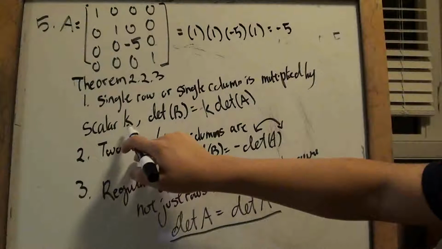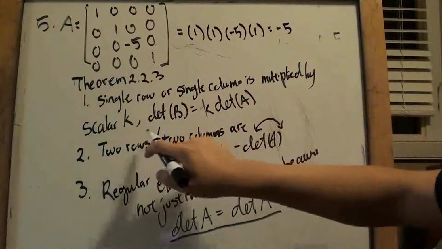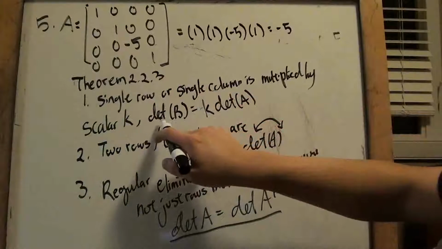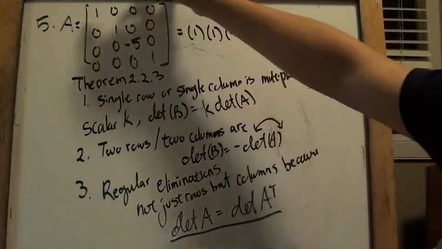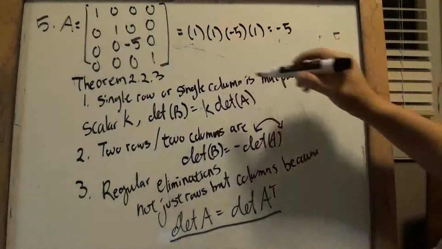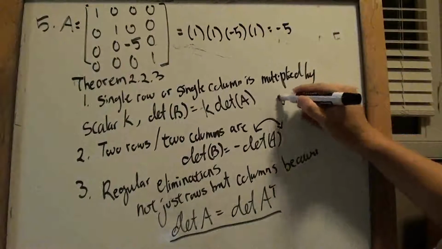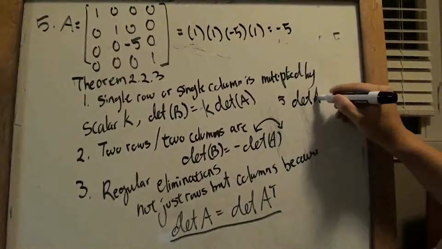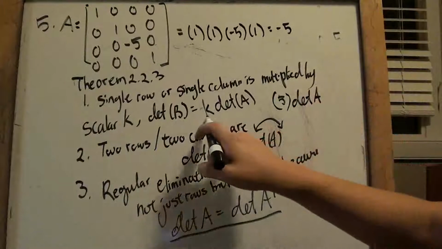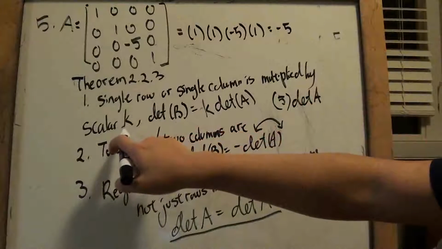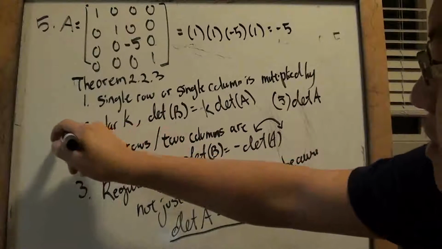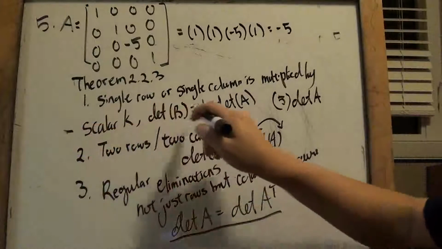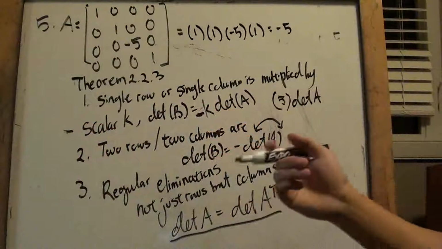So think of it this way: if k has to be a scalar, then negative 5 has to be 5. Then the new det will be 5 times the det of the original, which would have been 1 times 1 times 1 times 1. So this would have been 5 det A. But we could also say scalar k with a minus, and then the result will equally carry the minus. So we could say that.